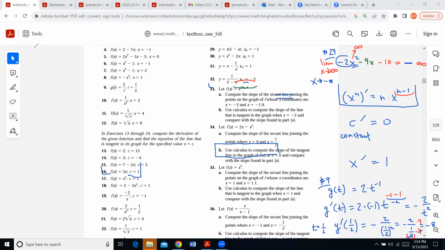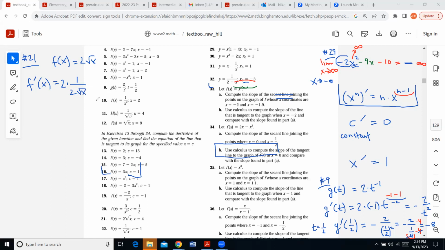In exercise 21, they actually asked to look at the function 2 times square root of x. So it turns out that square root is something that appears every once in a while. So if I need to find its derivative, the 2 is still going to be multiplied by 1/2 square root.